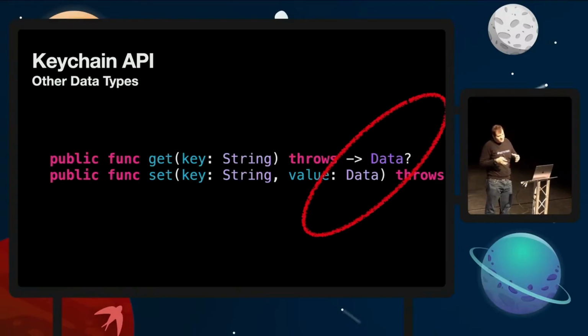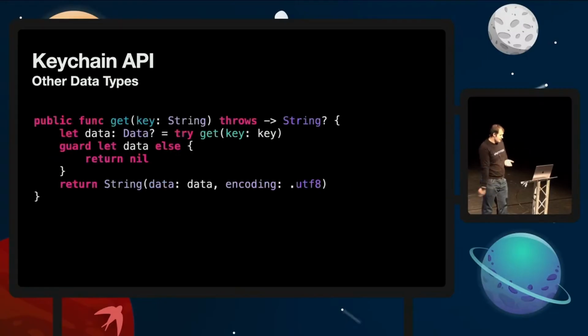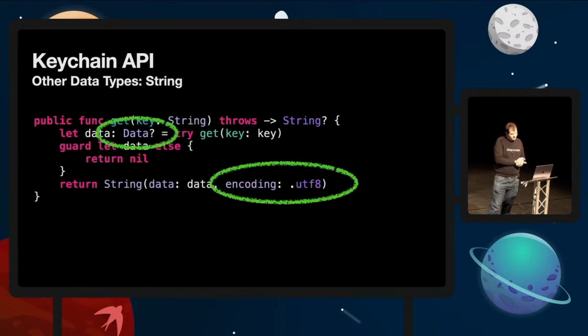User defaults, which is usually imitated by every keychain wrapper, has support for integers, numbers, booleans, strings, and we'll do the same thing. For example, let's write a method for getting a string. We just use the data, getting the data, we use the method for getting the data that we wrote earlier, and we just transform the data into string before returning it to the client.